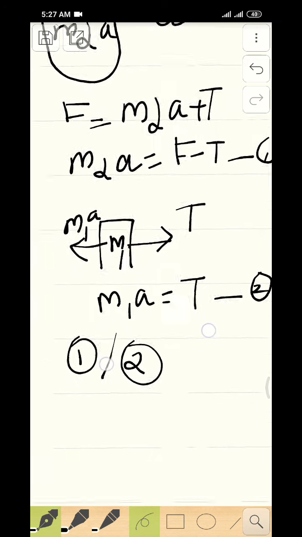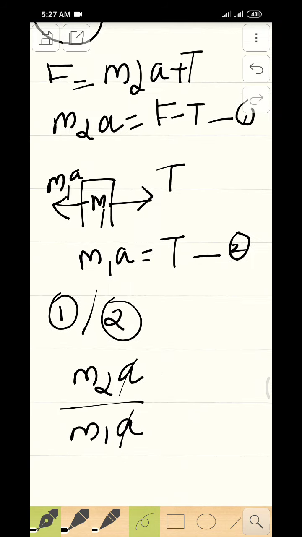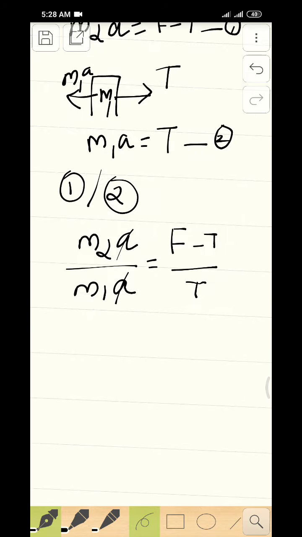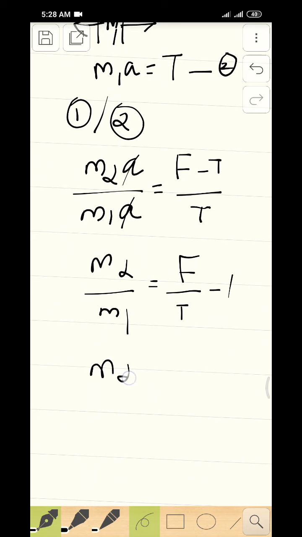The left hand side is m2a divided by m1a, where a cancels, giving m2 by m1, which is equal to F minus T all divided by T. So you can write this as m2 by m1 is equal to F by T minus 1. So m2 by m1 plus 1 is equal to F by T.